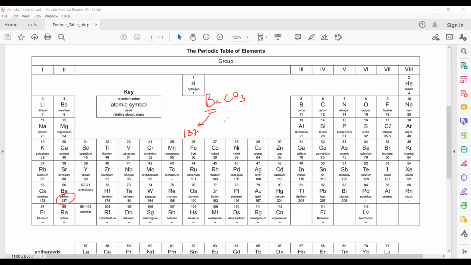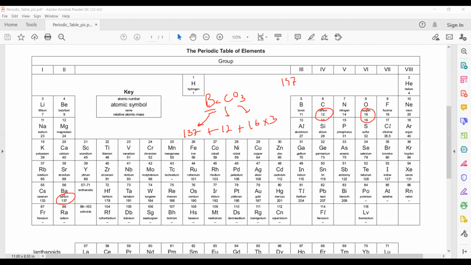Barium is 137 plus carbon is how much? 12 plus oxygen is how much? 16, and that is multiplied by 3. So 16 multiplied by 3 is 48, plus 12 is 60, 60 plus 137, so the total will be 197. So the total mass of barium carbonate will be 197.